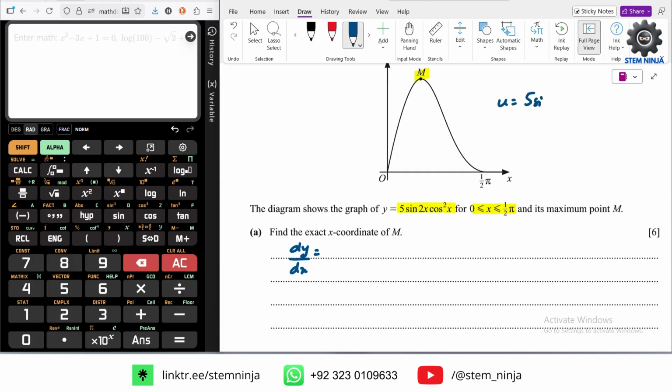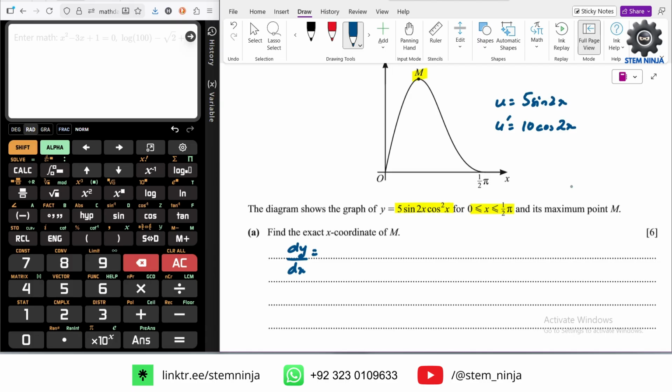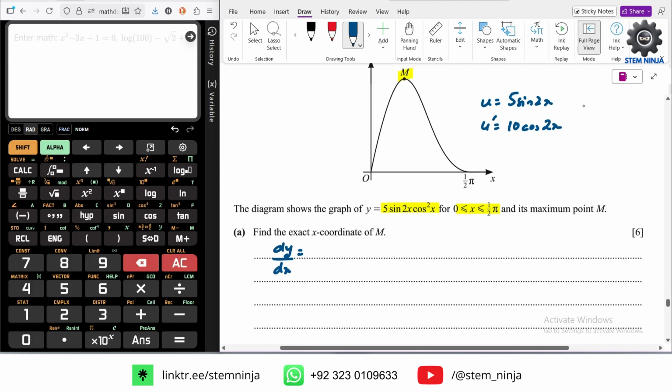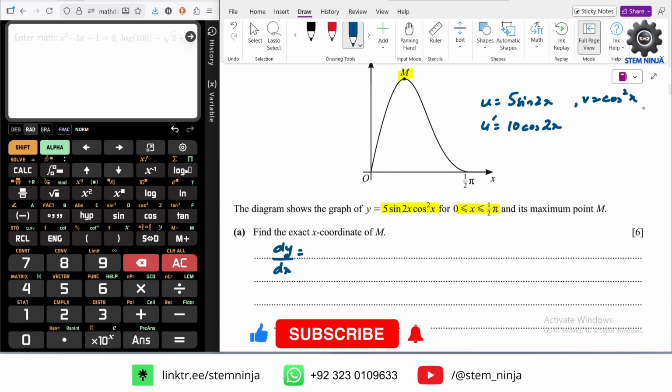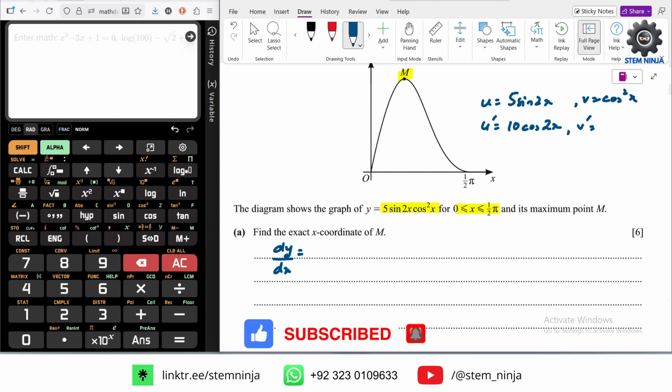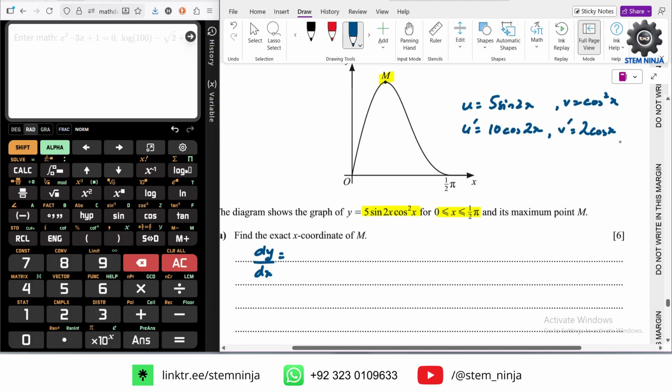So if u is 5 sine 2x, u prime would be 10 cos 2x. Then v is cos squared x. v prime would be the derivative of, first we will do 2 cos x, and then the derivative of cos x, which is minus sine x.